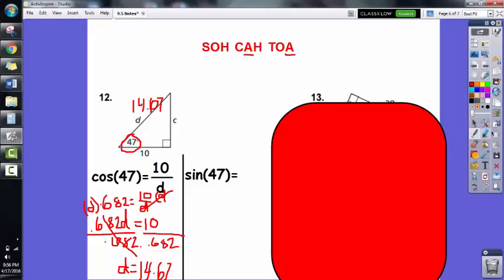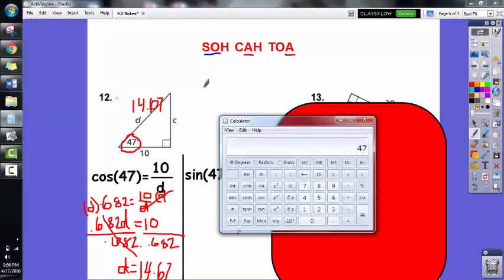So if I want to try to find the opposite side in relationship to the angle of 47, I could use sine because that has opposite, or tangent because that also has opposite. We're going to practice using sine. So if I use sine of 47, that's the opposite side, which is C, over the hypotenuse. And notice we just solved for the hypotenuse, so you're going to need to use that 14.67. So sine of 47 is 0.7312.